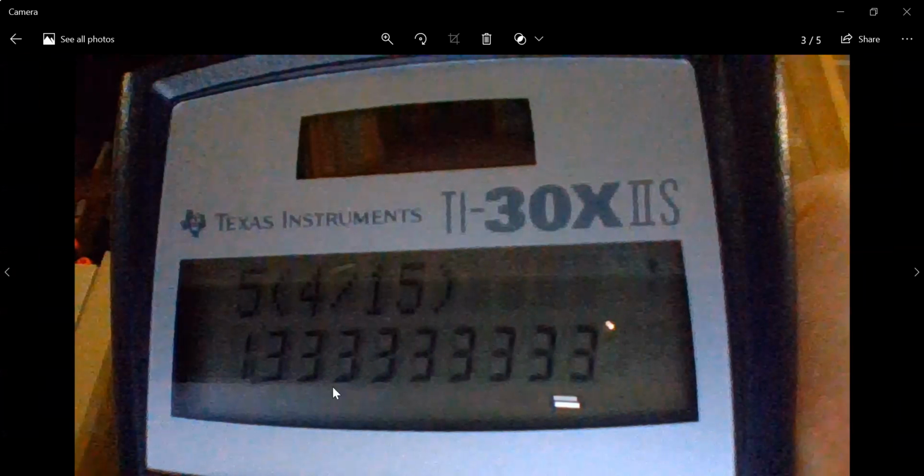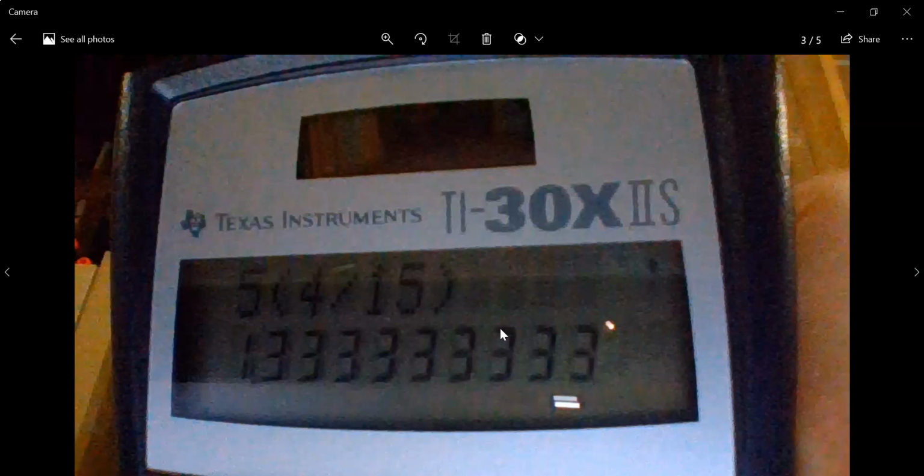So in other words, my last answer of 5/12 was the final answer that I had to put in fraction form, and that fraction was a proper fraction. So the numerator was smaller than the denominator. Here, what's going to happen is 1.333333.